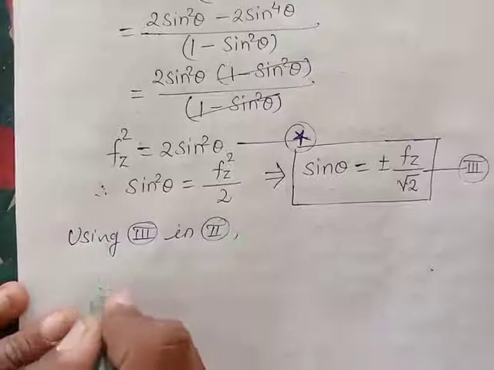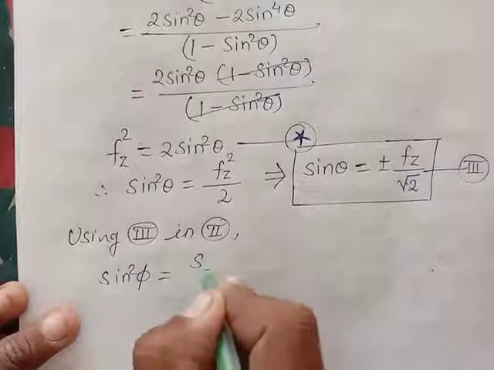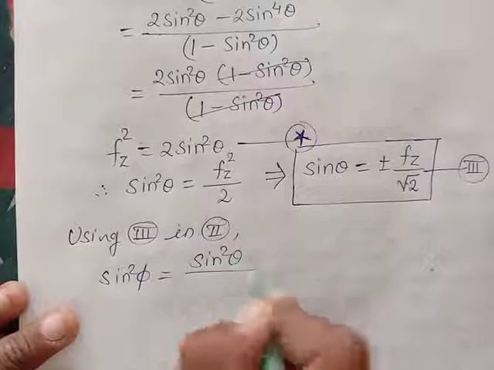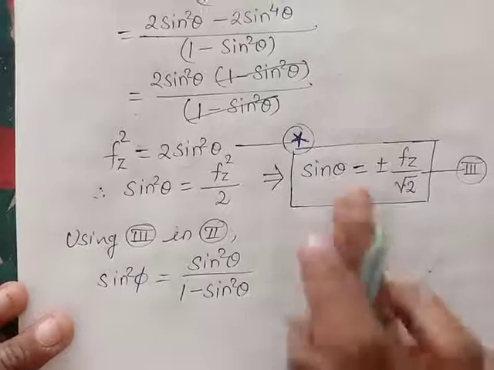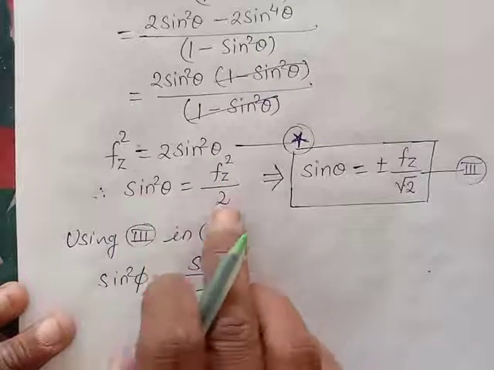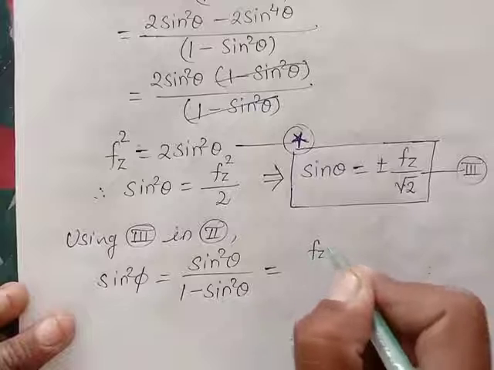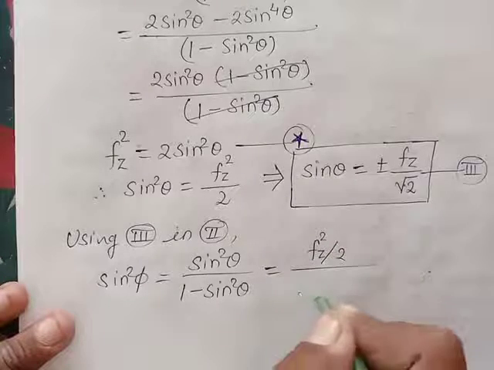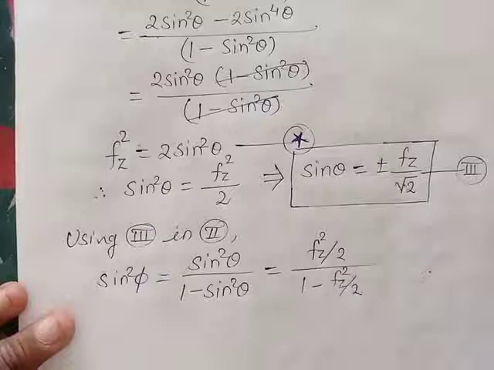What is 2? 2 says sine square phi is sine square theta upon 1 minus sine square theta. But from 3, what is sine theta? Fz upon root 2, or sine square theta is this one. Okay. So let's put that value. It is Fz square by 2 upon 1 minus Fz square by 2.